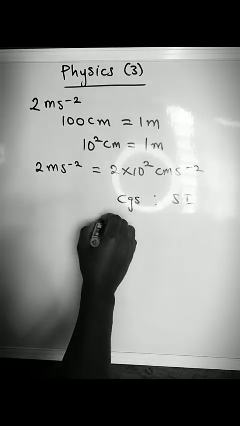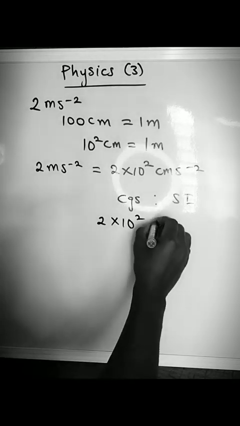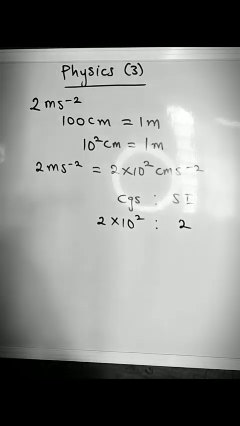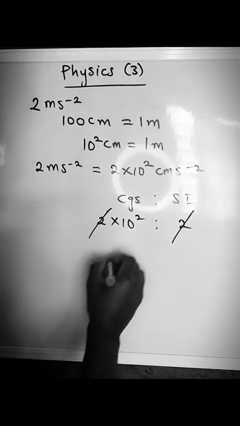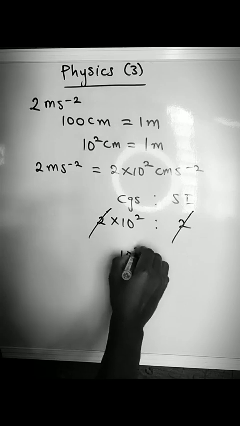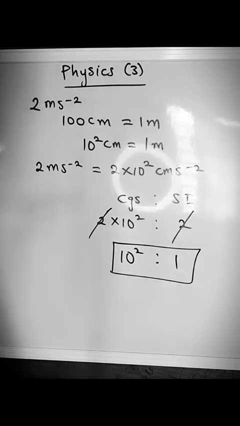This would be 2 times 10 to the power 2 ratio 2. So the 2 cancels out, and it is basically going to be 10 to the power 2 ratio 1. So this is our answer. The answer is 10 to the power 2, or 100.